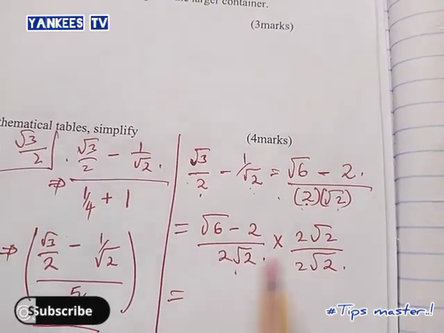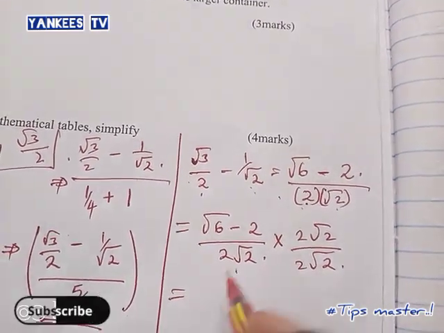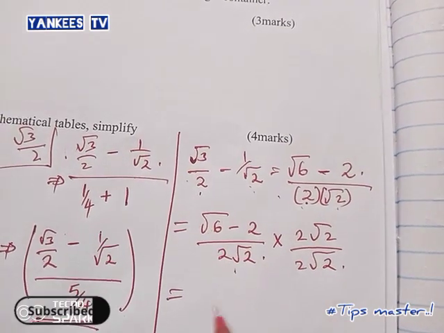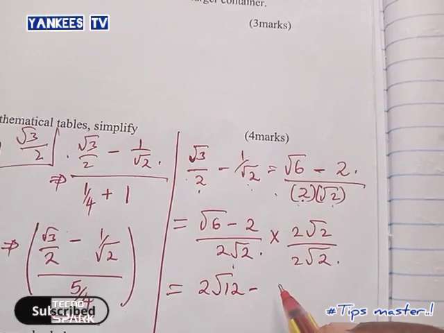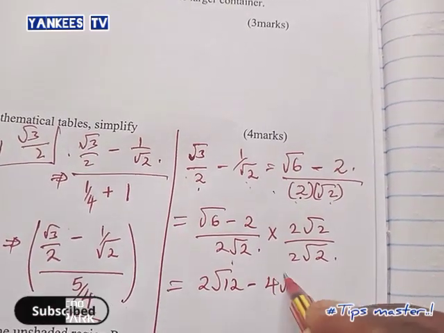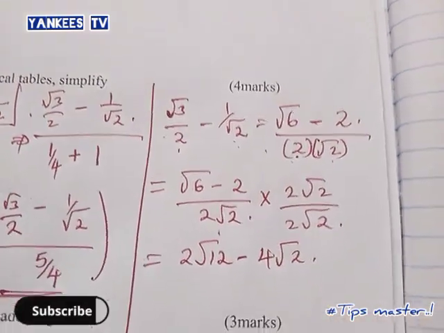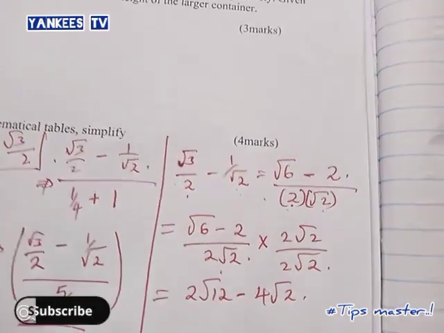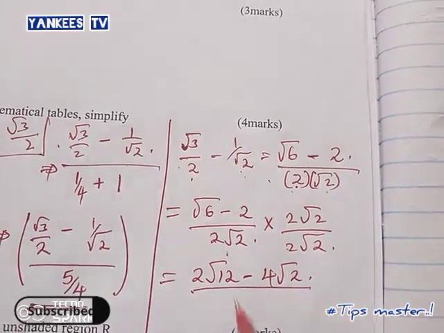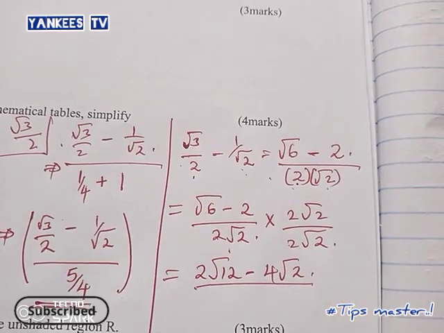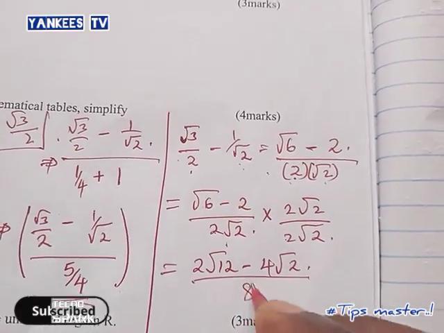So what do we get here? This shall be 2 root 12 minus 4 root 2, all over 2 by 2 is 4, root 2 by root 2 is 2, so 4 by 2 is 8.